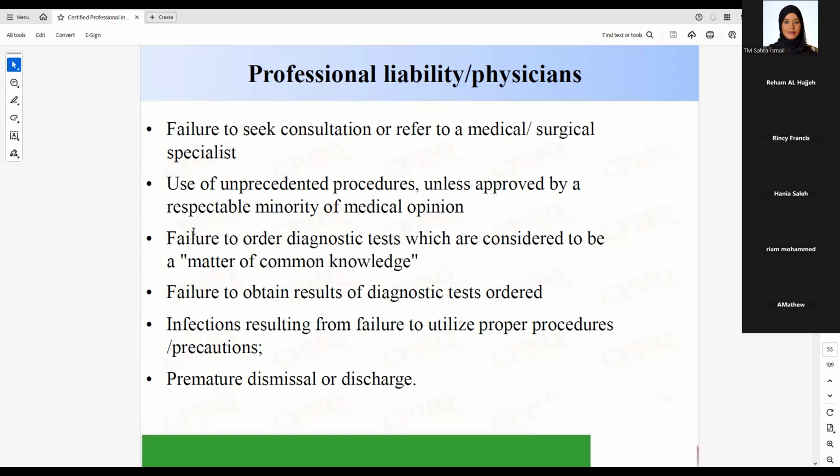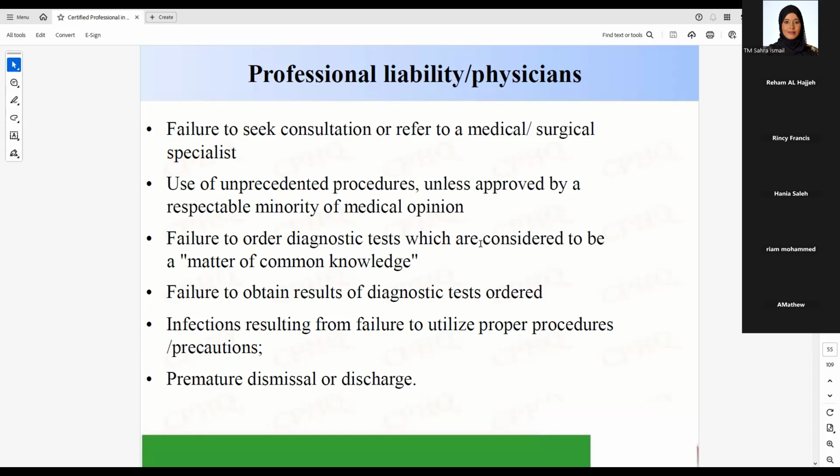Like this physician that wanted to do a body transplant, or was it a head transplant? I don't know which part was being transplanted. This is considered, for example, an unprecedented procedure. So if you try to do that without having the proper justification within the umbrella of the organization's medical care, that's considered one of the liabilities.